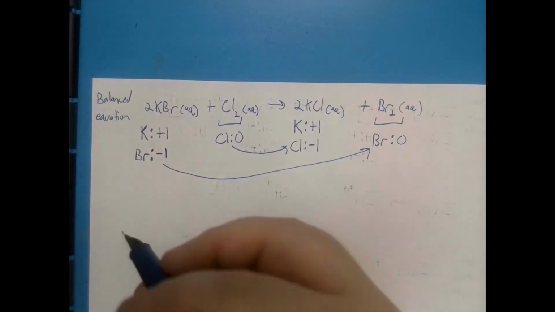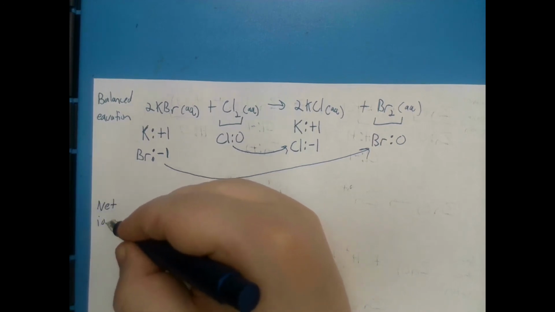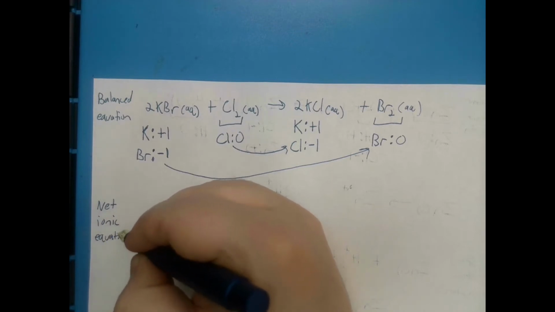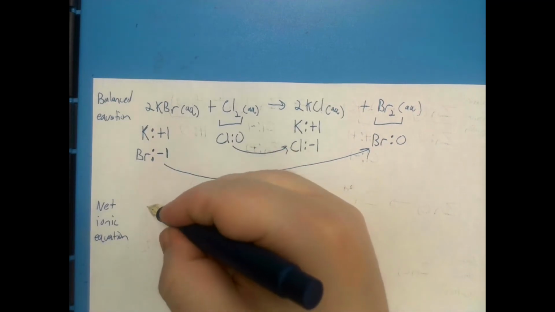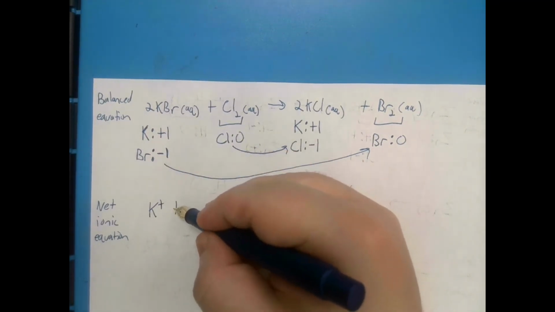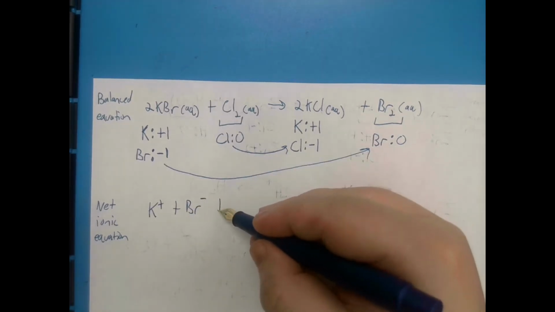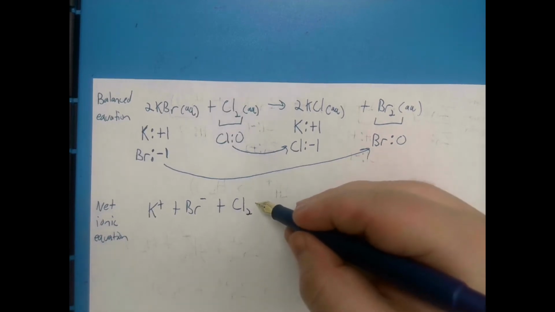Another way of doing this is to look at the net ionic form. So KBr will break apart into K plus and Br negative ions. Chlorine is not ionic, so it will stay as chlorine gas.